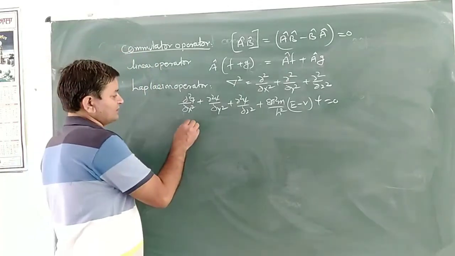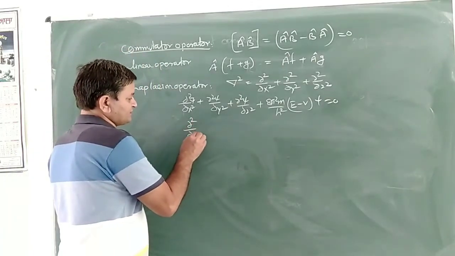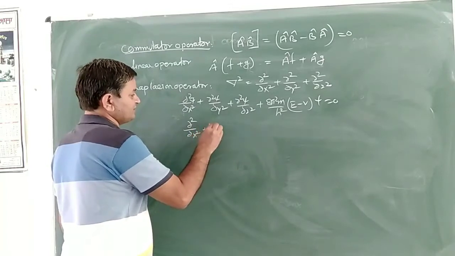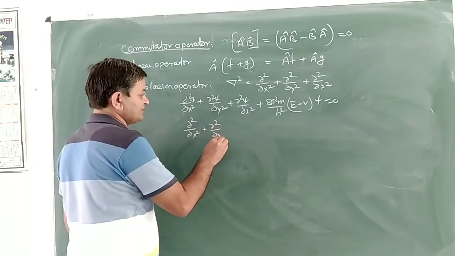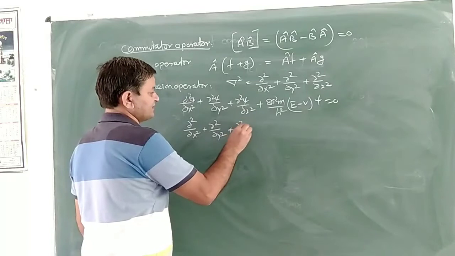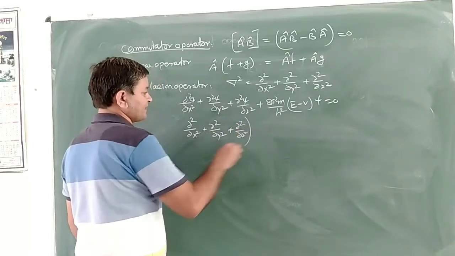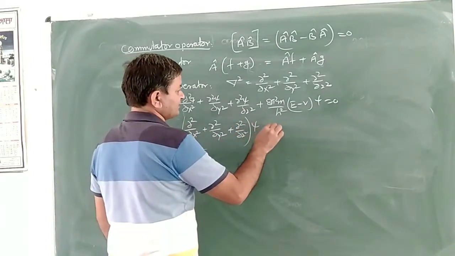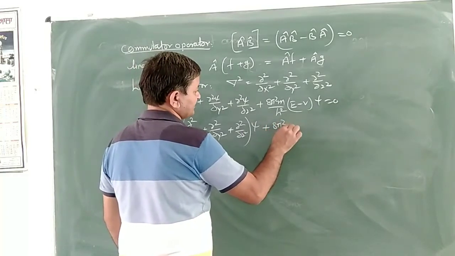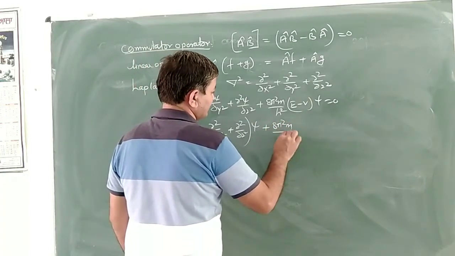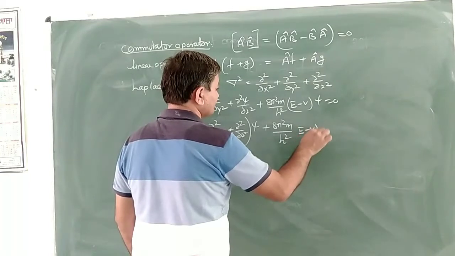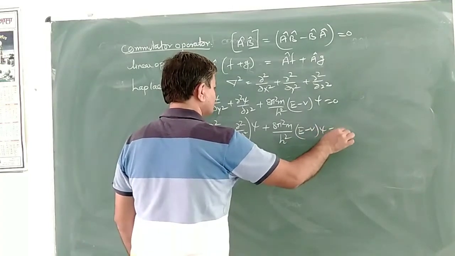If we take psi common from this, we get curly square divided by curly x square, curly square divided by curly y square and curly square divided by curly z square, acting on psi, plus 8 pi square m divided by h square times E minus V times psi, equal to 0.